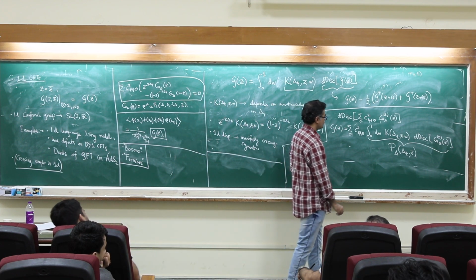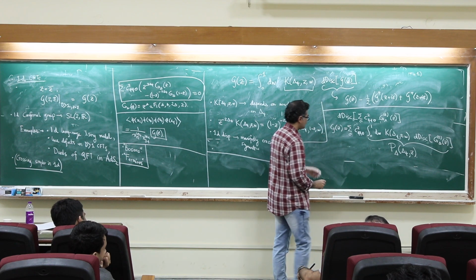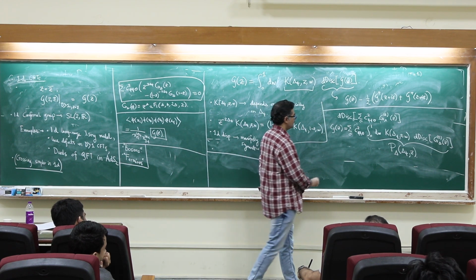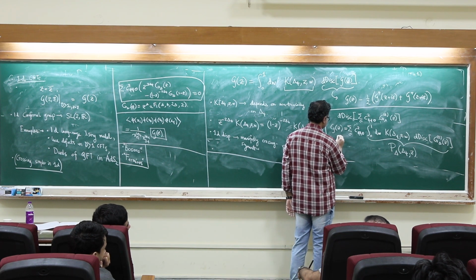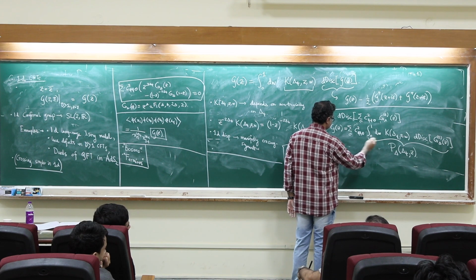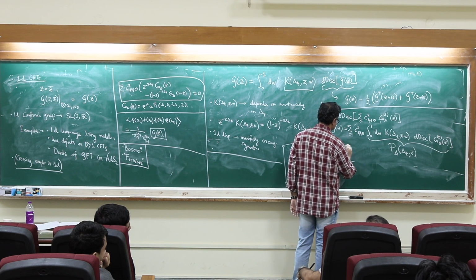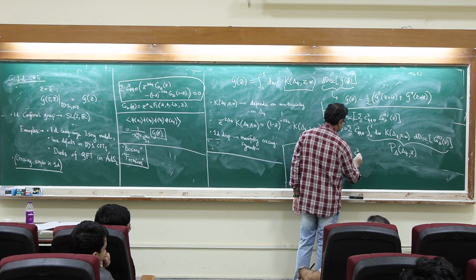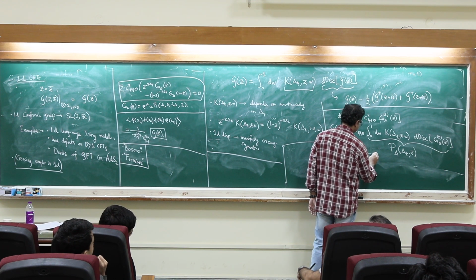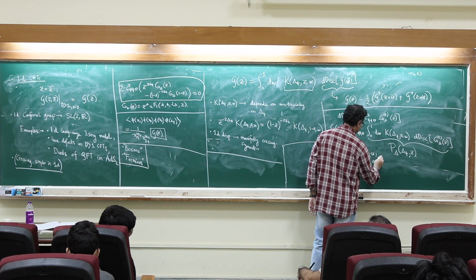And then, as Anindya was pointing out, the constraints on the spectrum come from demanding that this expansion is equivalent to expanding in standard conformal blocks, let's say the S-channel conformal blocks.